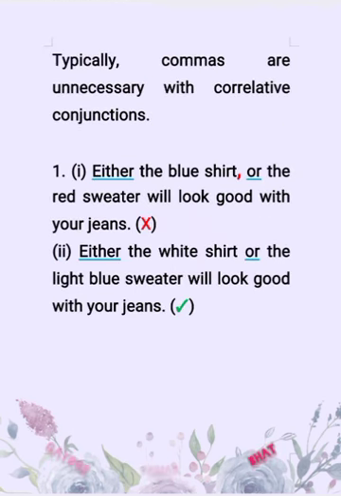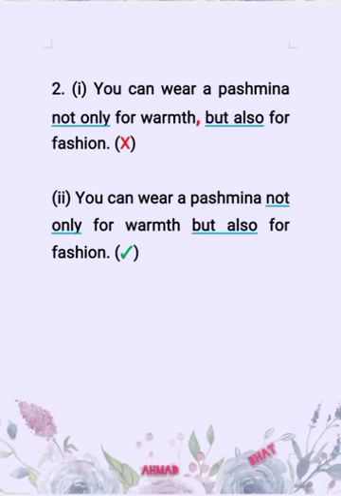Friends, typically commas are unnecessary with correlative conjunctions. For example, either the blue shirt or the red sweater will look good with your jeans. The comma before or is unnecessary. Similarly, you can wear a pashmina not only for warmth but also for fashion. Again, the comma before but is unnecessary.